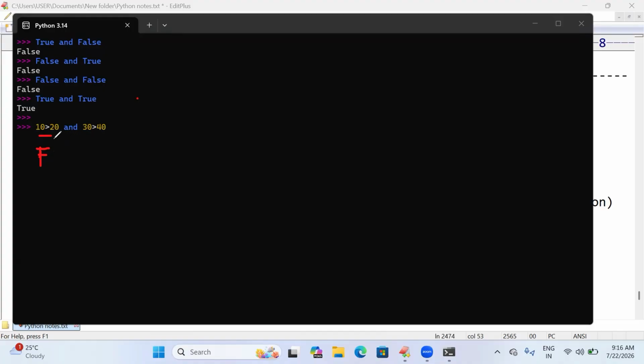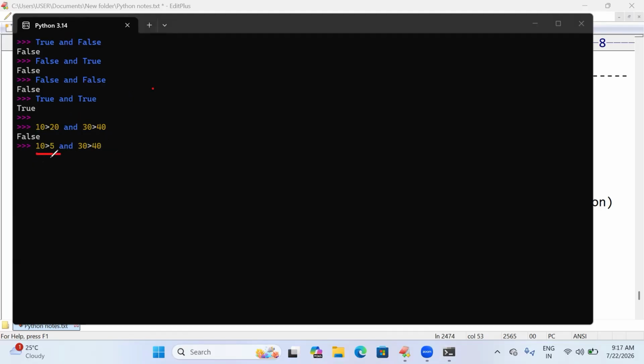PVM does not execute the subsequent relational expression. Why? Because it is false, and false with true or false with false is going to be false only. This type of evaluation is known as short circuit evaluation, right? That is the reason the answer is going to be false.